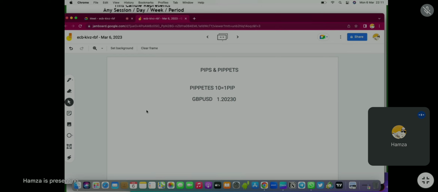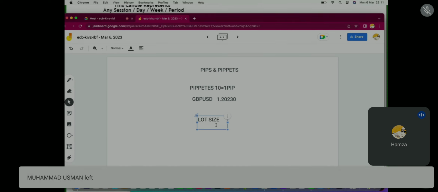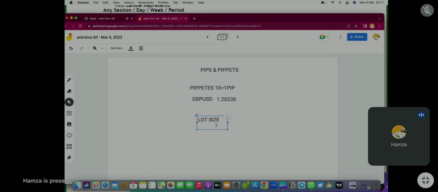Why are pips important? Well, this is where lot size will come in. Guys, trust me, this is very simple. The explanation I'm doing now is not enough for you to have a full understanding of it, but I told you my aim and objective is for you guys to become aware of these things in such a way that if you want to go on your self-study, you have already heard it, so things would begin to make sense to you during your alone time.